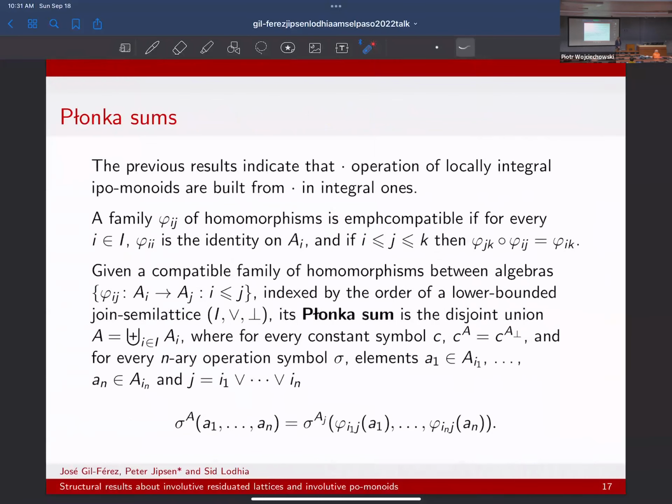It has to be like this, or could we write these two the other way around? We certainly could, and I think it would simplify things. Like phi ij and then circle phi jk will still be phi ik. I guess we chose the.